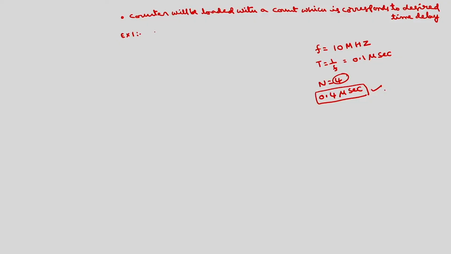So, here I want to load counter 1 with a value of say 6F50H. Okay. So, I want a delay which corresponds to this count value.